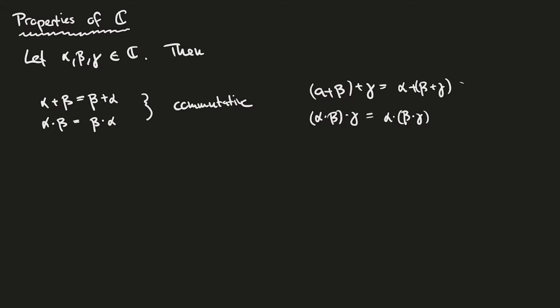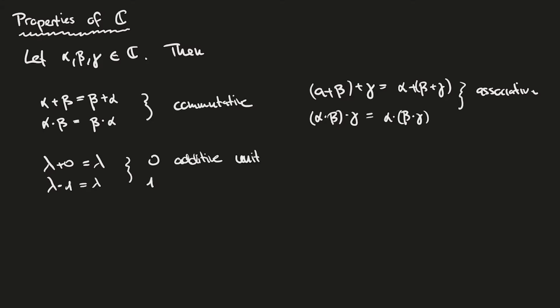And this just says that the addition and multiplication of complex numbers is associative. Further, we have that lambda plus 0 is equal to lambda, and lambda times 1 is also equal to lambda. And this says that 0 is the additive unit, and 1 is the multiplicative unit.